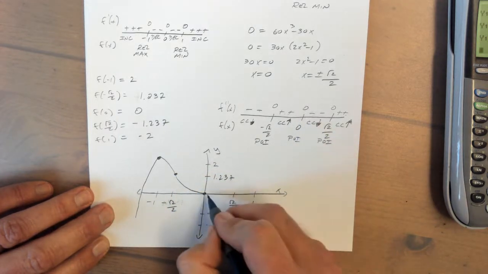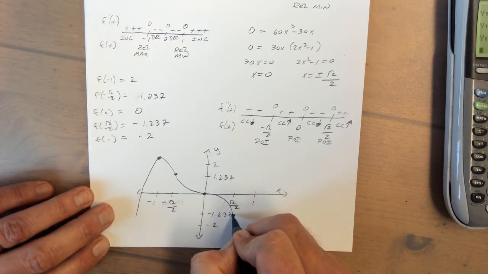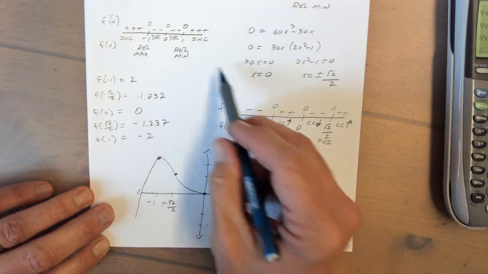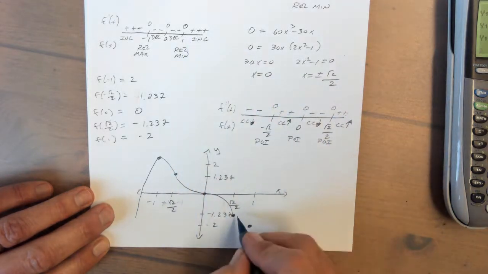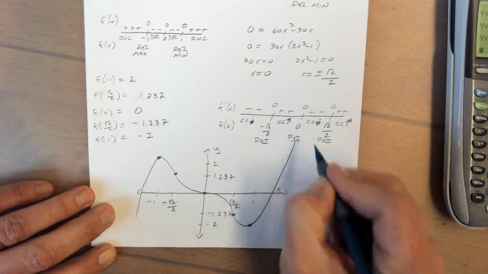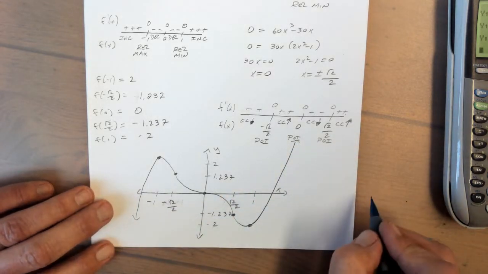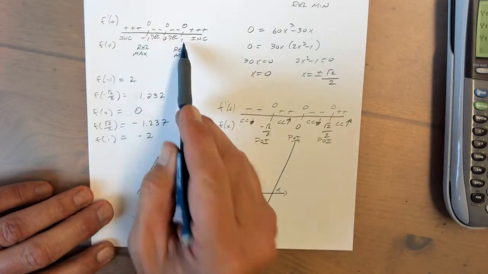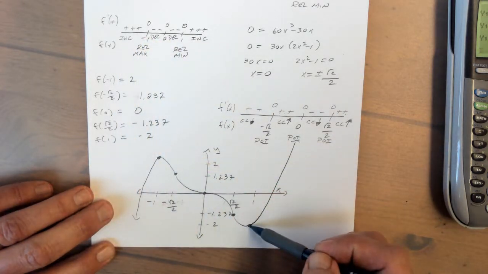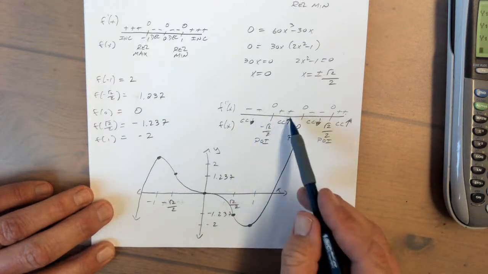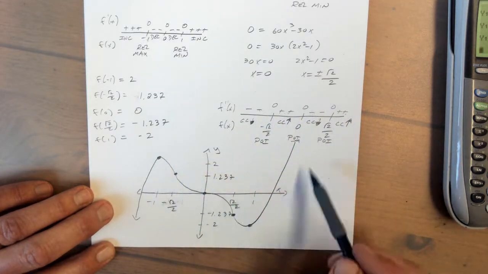It then changes concave down, and it remains concave up. And then the next change in direction is at 1. And then it would continue. So again, we have increasing all the way to -1, decreasing all the way to 1, relative min, increasing after. And then you see our changes in concavity as we go along.